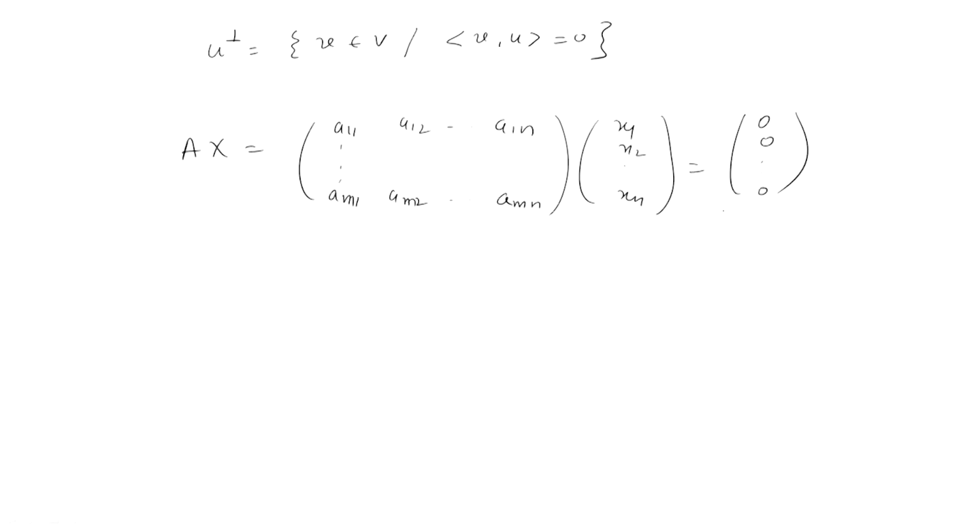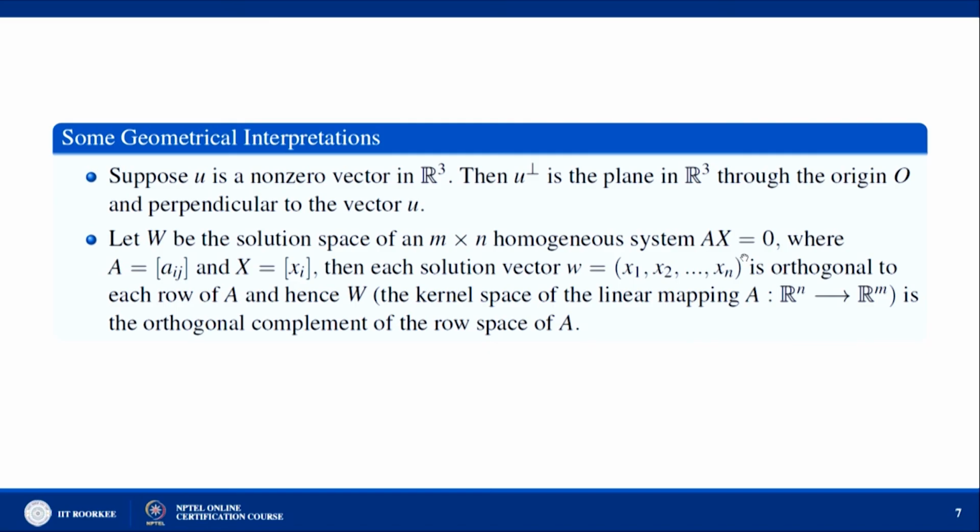What does it mean? When you multiply the first row with this column, it is equal to 0. The second row with this column is equal to 0. The third row with this column is equal to 0. This means that every row is orthogonal to this.